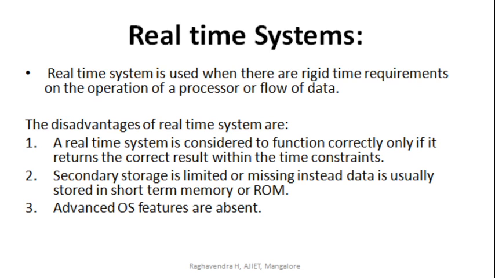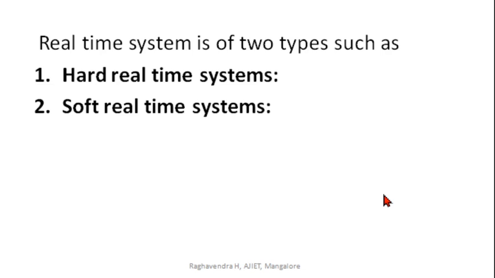Next, the real-time system has two types: hard real-time system and soft real-time system. A hard real-time system guarantees that the critical task is completed on time. Within that particular time it should complete the task.